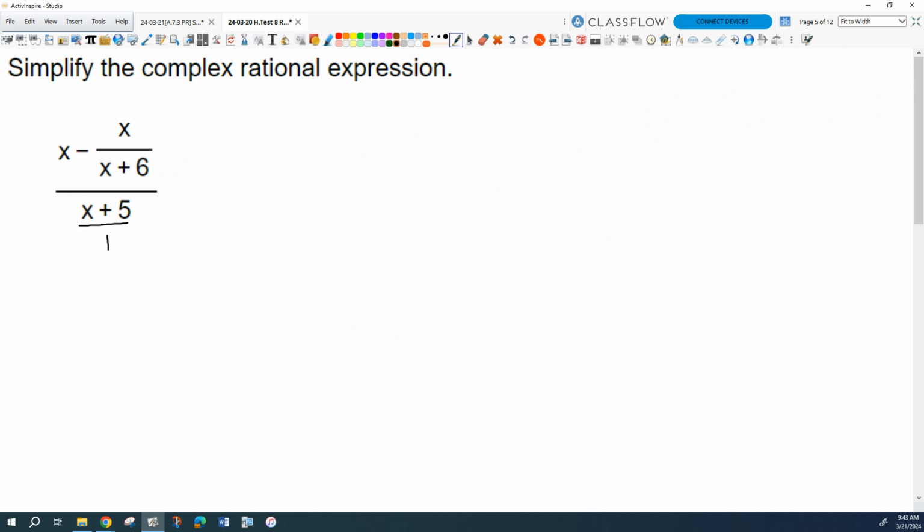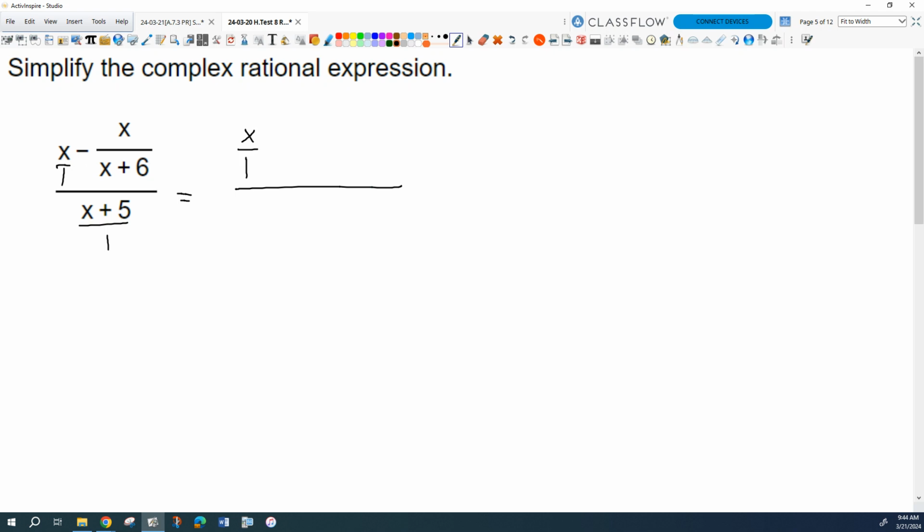Okay, on the top, talk to me about the top. What would I do? Find a common denominator between the two fractions, right? So that first term, I probably want to think of that as a fraction, maybe even write it as a fraction. How would I write it as a fraction? X over 1. Okay, good. So then on the top, we've got x over 1.